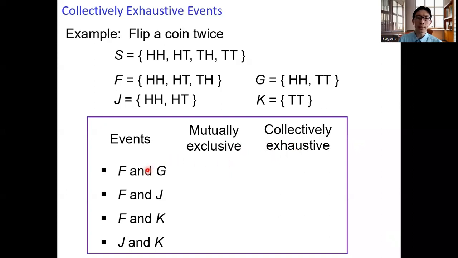Event F consists of sample points HH, HT, and TH, and event G consists of sample points HH and TT. To determine whether two events are mutually exclusive, we check whether there are any sample points in common. Here, the sample point HH appears in both event F and event G. So these two events are not mutually exclusive.